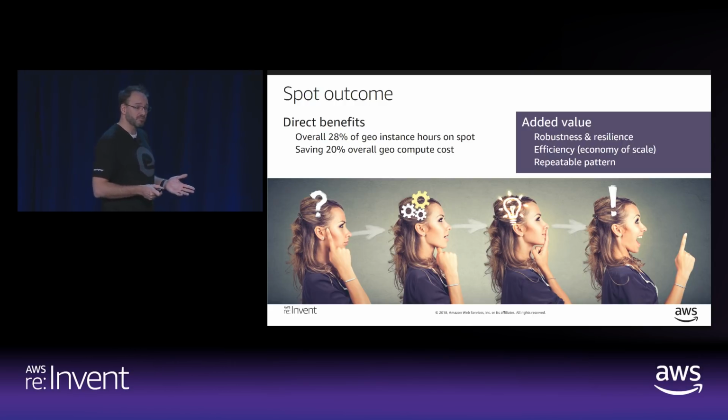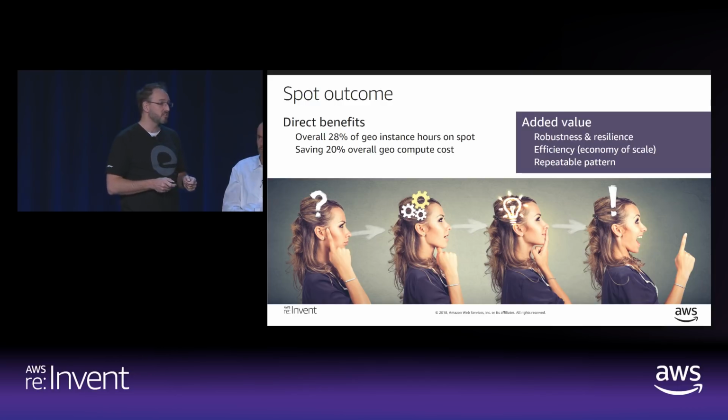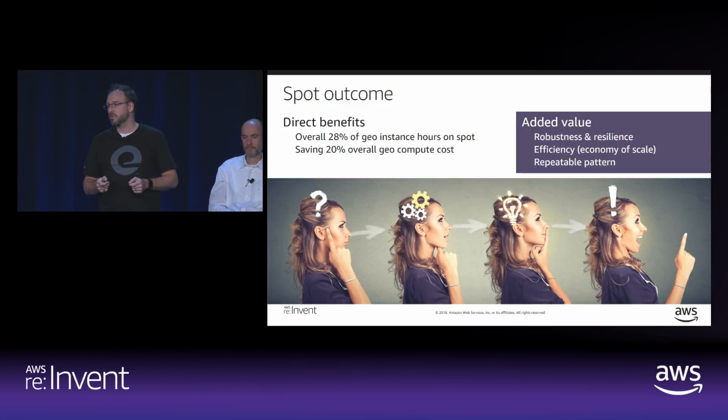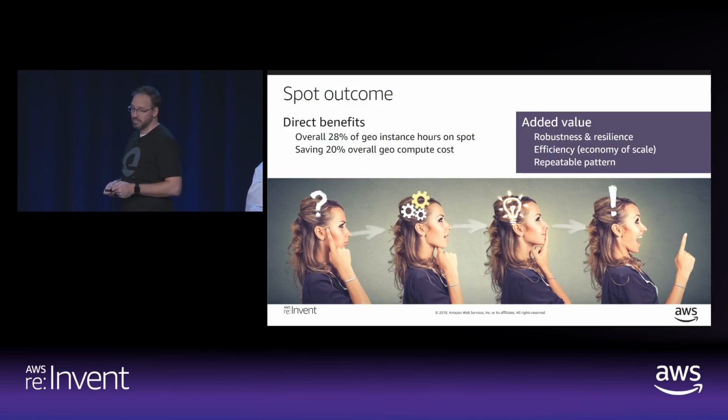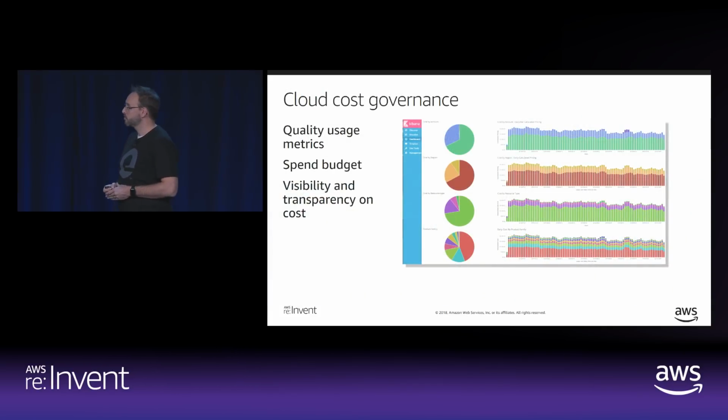So all that work was pretty fun to do, to be honest. But none of this really matters if you are not being careful about your overall cloud spending. Forgotten resources or idle instances can eat up all your savings, and that could be quite frustrating. So this is why at Expedia, we have put in place some cloud cost governance practices. Our program revolves around 3 key pillars. The first point is we need good metrics.